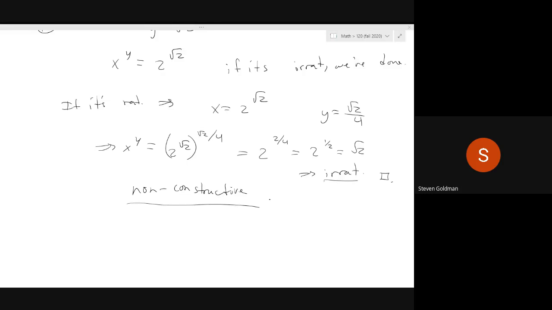If A is a proper subset of B, then A has to be smaller than B. It can't be equal to B. So if A is a subset of B, it can be equal to B or have fewer elements than B. If A is a proper subset of B, it has to have fewer elements than B. It cannot be equal to B. Yeah, you can think of it that way. And remember it has to have all the elements, right?